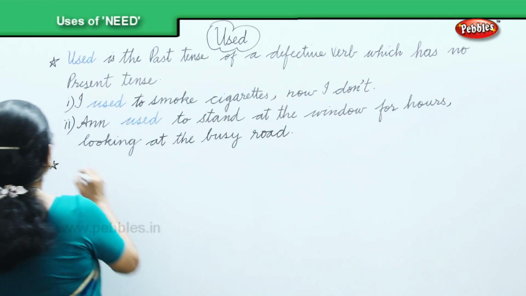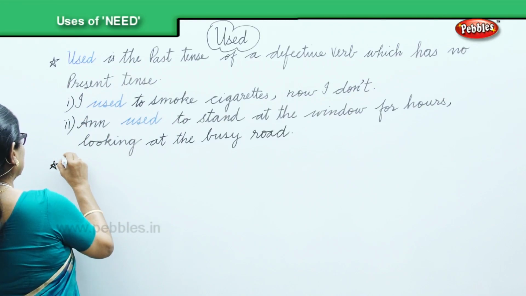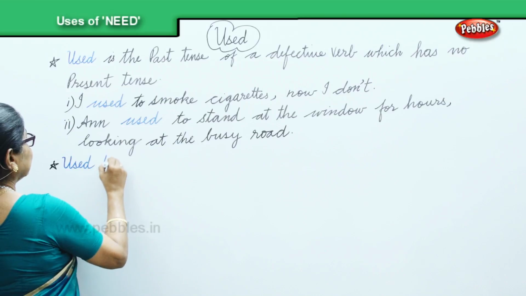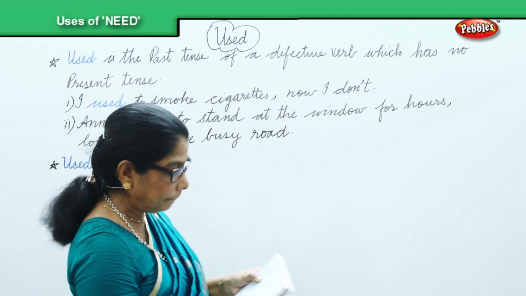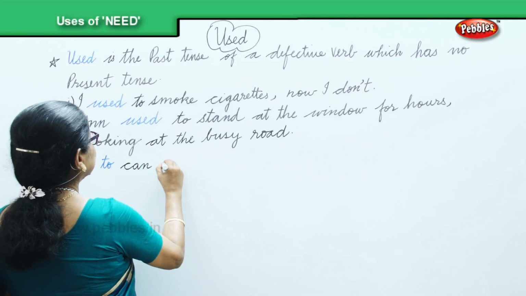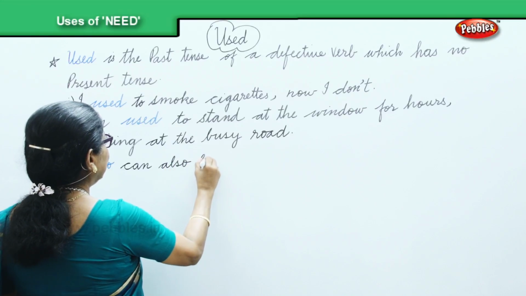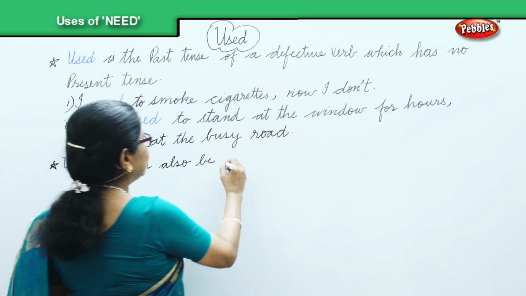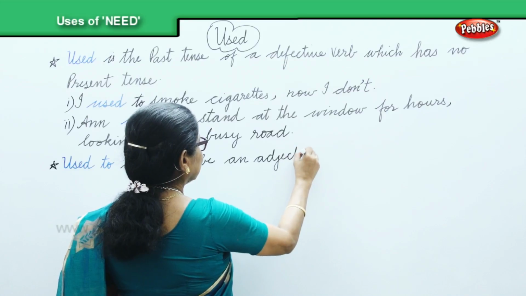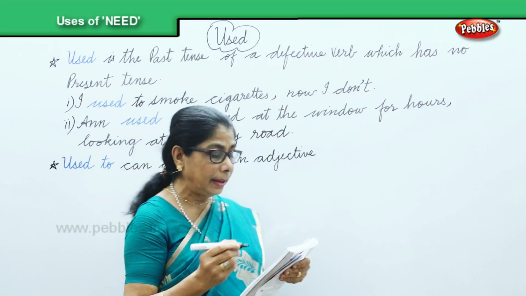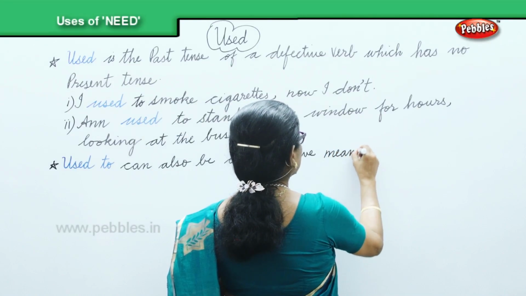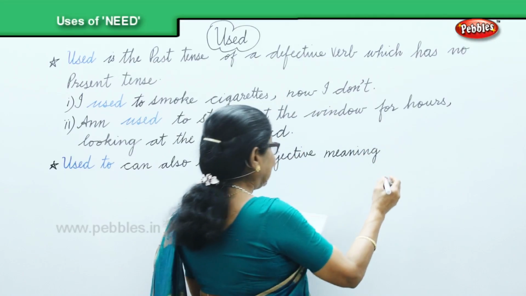Used to can also be an adjective meaning accustomed, used to.